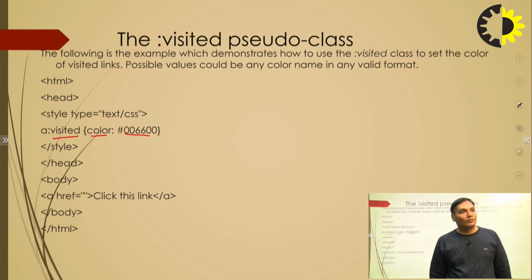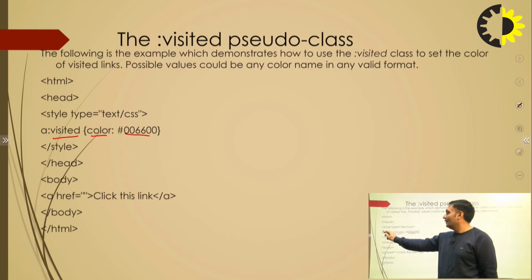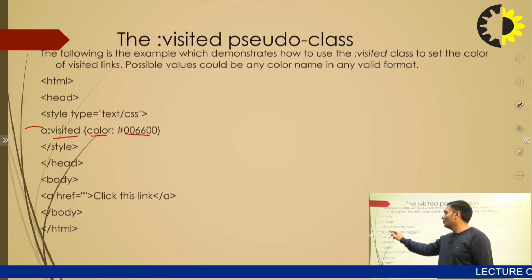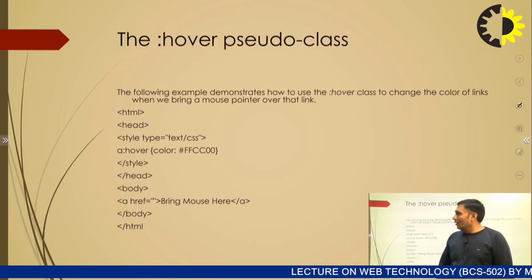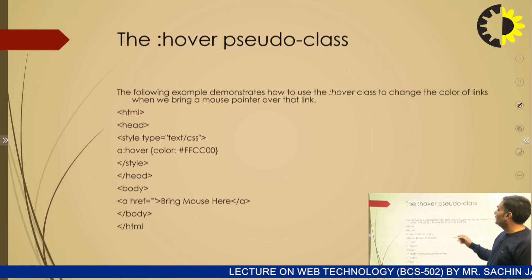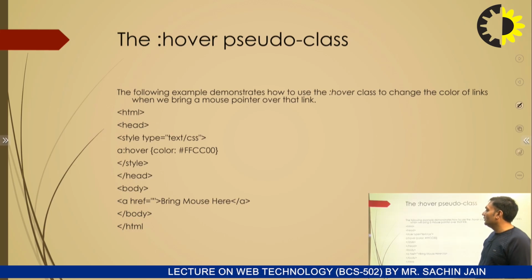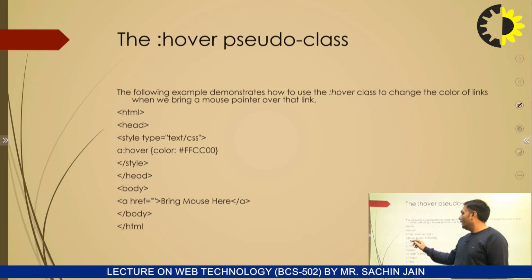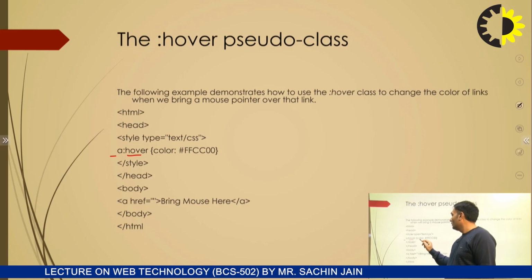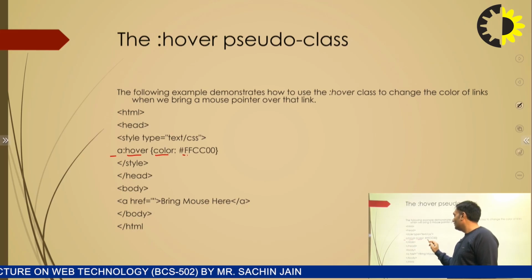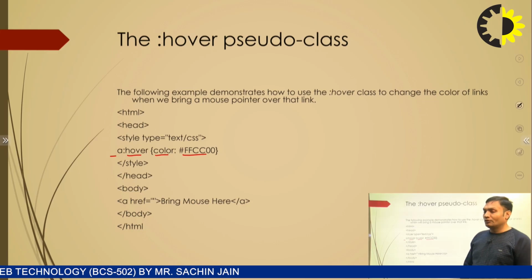So a pseudo-class can be used directly. First we write the name, then the pseudo-class, then curly braces open, then the property, colon, and the possible value. If we want to create a hover pseudo-class, we write a:hover, then the property, colon, and its possible value.